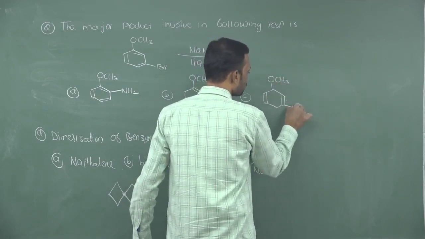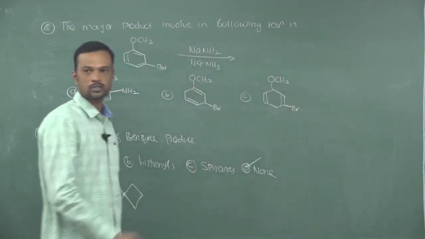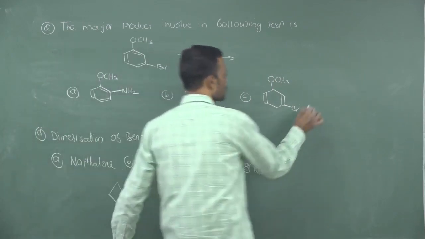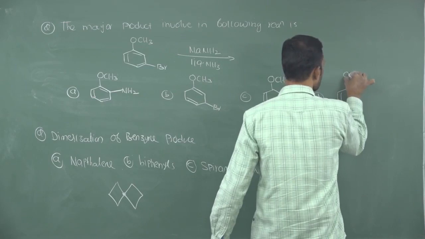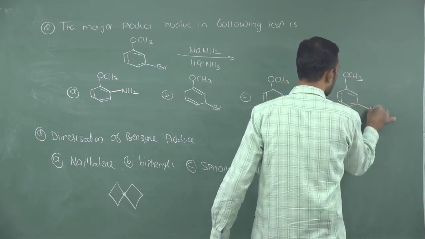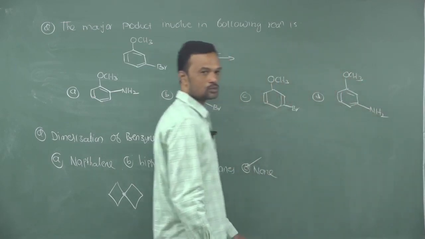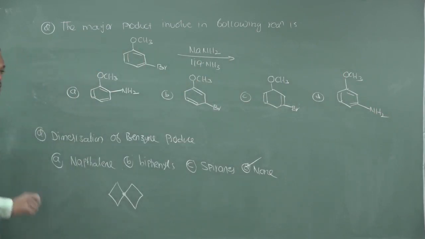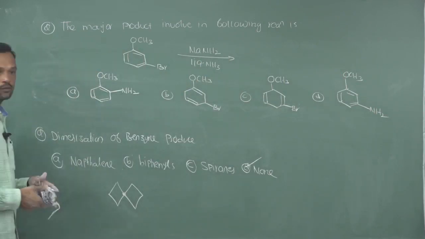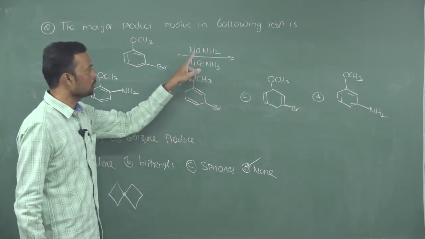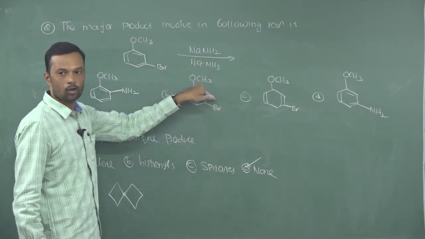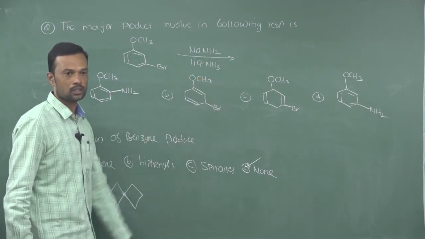So this reaction, those who know very well will also know about Birch reduction. Then option D, this one. This is OCH3 and here I am writing amine. So the answer is D. Like that they will ask questions. So when this question is given, they will ask some answers regarding Birch reduction. Why? Because Birch reduction is sodium in liquid ammonia, this is sodamide in liquid ammonia, that is the difference.